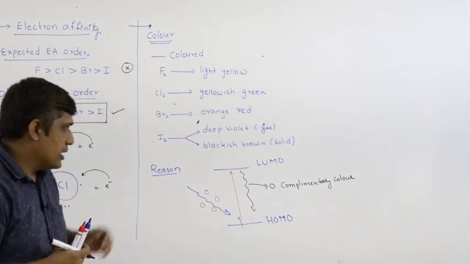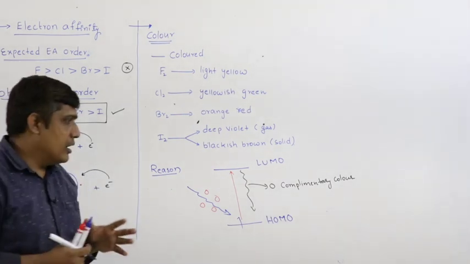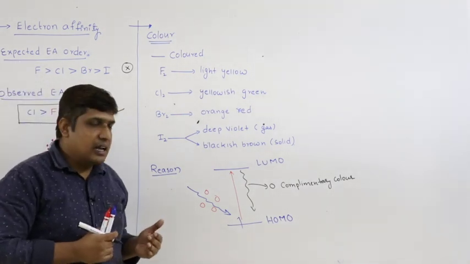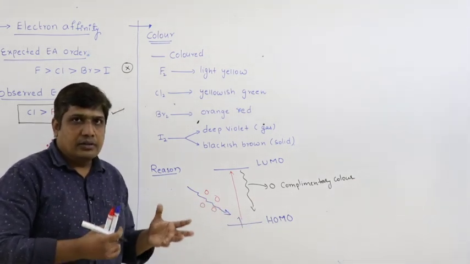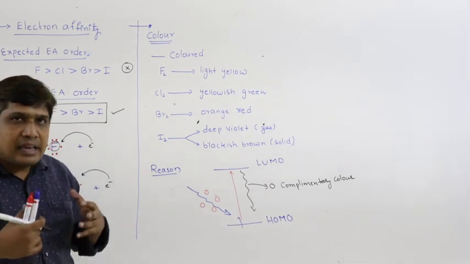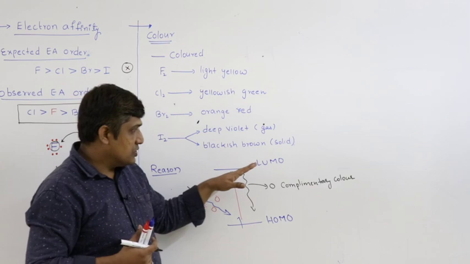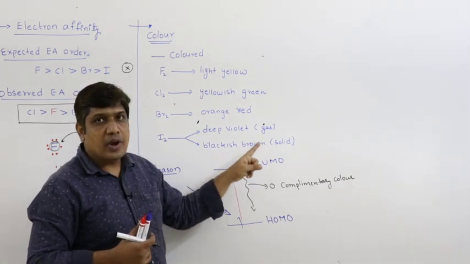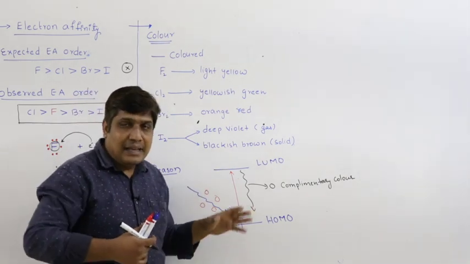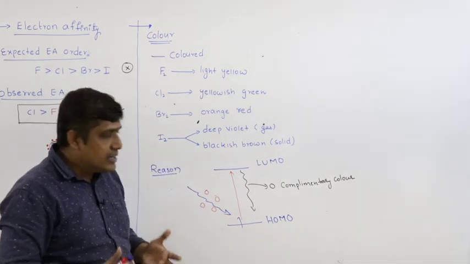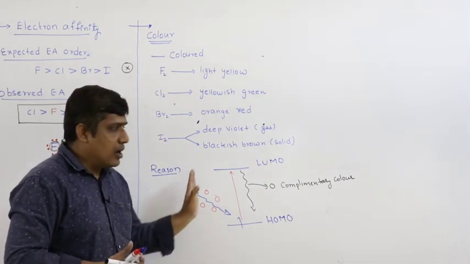Once again, here we are explaining the reason for color based upon the molecular orbital diagram. The valency electrons present in the highest occupied molecular orbital absorb visible light, gain energy, and get excited to the next higher energy level, which we call the lowest unoccupied molecular orbital. They are unstable. In the de-excitation, they emit that excess energy in the form of light. Suppose they absorb a particular light, its complementary color is emitted.